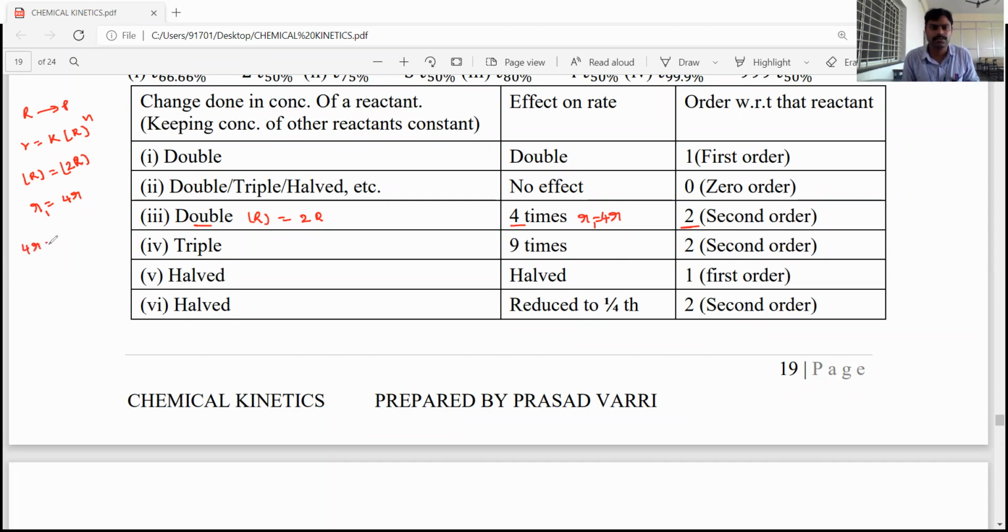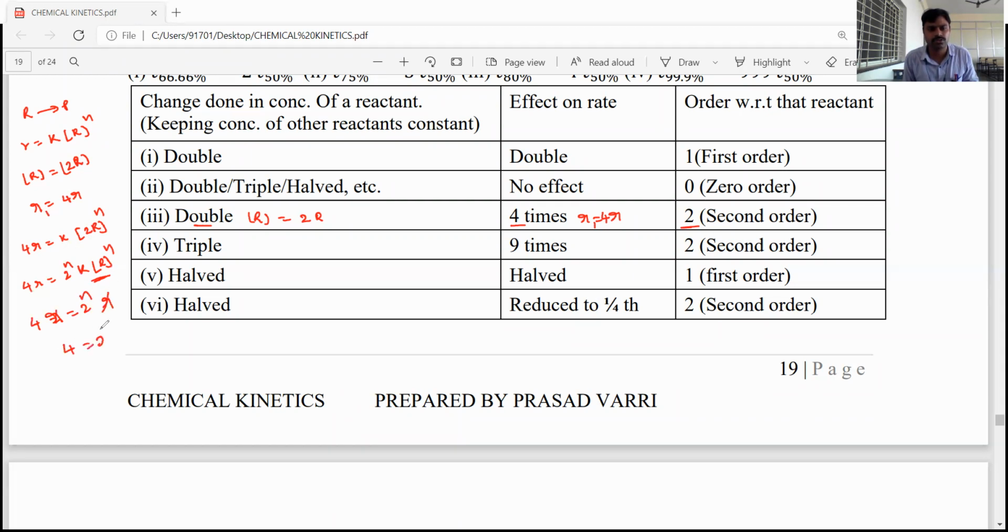Then 4R is equal to K into 2R whole to the power of N. Then from this, 4R is equal to 2 power N into K into R to the power of N. K into R to the power of N is nothing but R only, dear students. Then 4R is equal to 2 power N into R. This R and R will cancel.